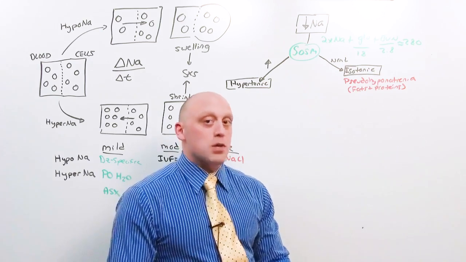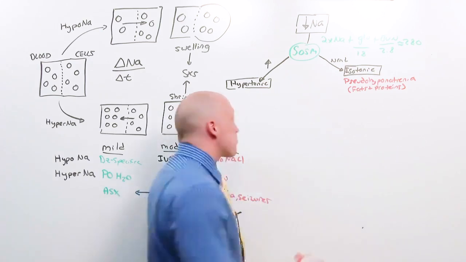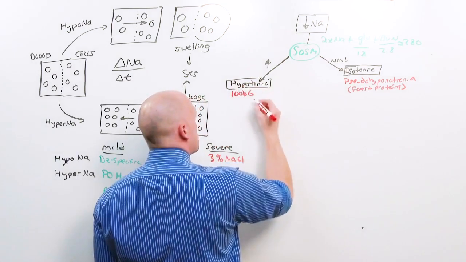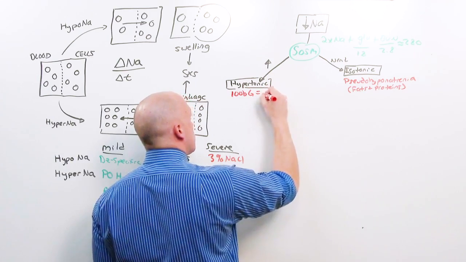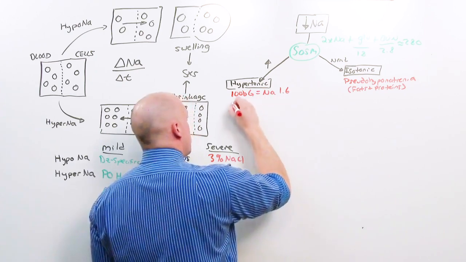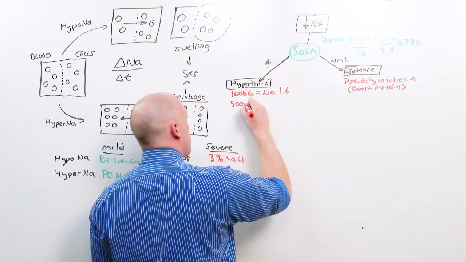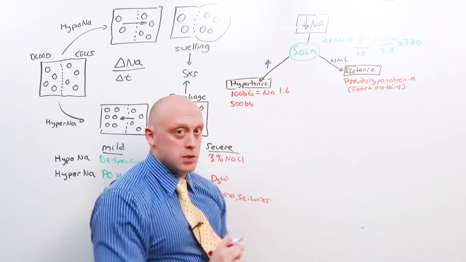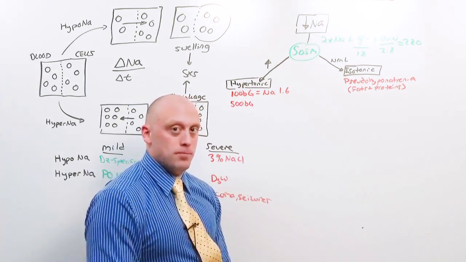Where you're going to see this happen a lot is in diabetics. For every 100 blood glucose above the first 100, you need to correct the sodium by 1.6. To use this as an example, if someone has a blood glucose of 500, that is 4 100s above 100.